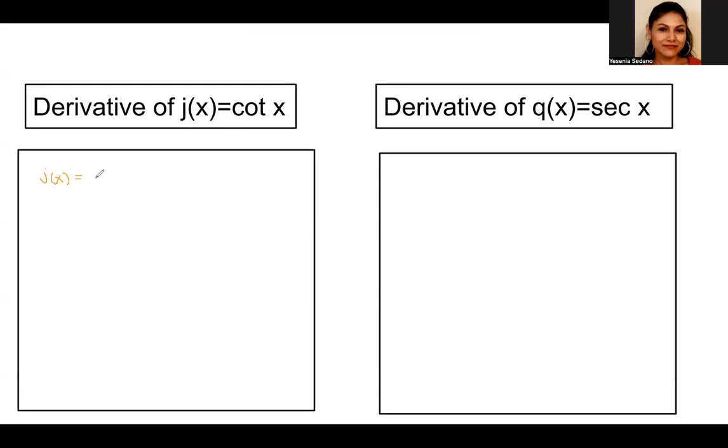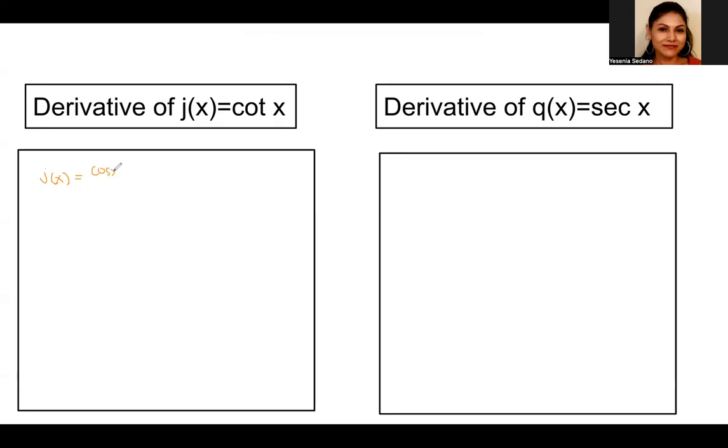So here it is. The first step to proving this using quotient rule is that quotient rule requires us to have a ratio, or basically a division of functions. So let's rewrite cotangent as what it represents. Cotangent by definition is cosine over sine.